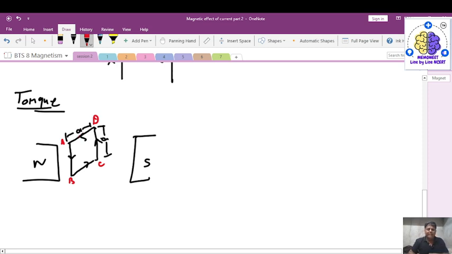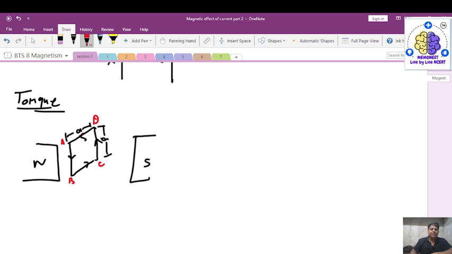So what we find is that the conductors AD and BC experience magnetic forces in directions which result in no motion of the conductor. The net force on them will be equal to 0.